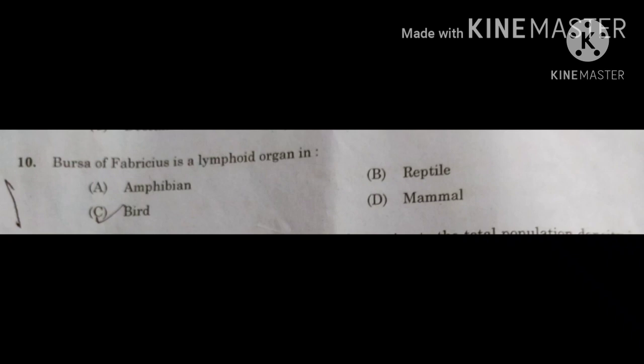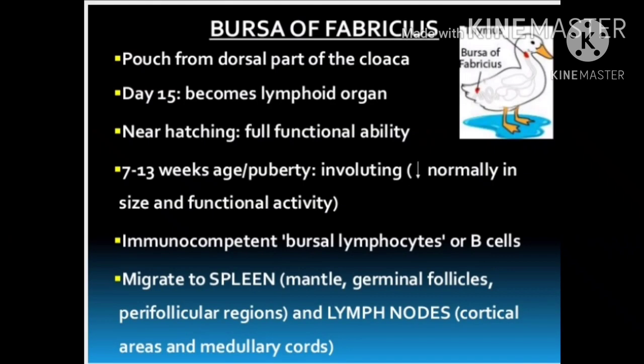The options are amphibian, reptile, bird, mammal. From this slide, it is very clear that the bursa of Fabricius is a structure related to birds. It is actually a pouch found on the dorsal part of the cloaca of birds. During day 15, it becomes a lymphoid organ and it becomes fully functional near hatching.